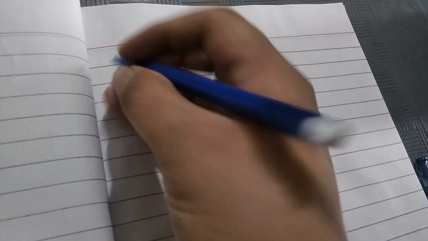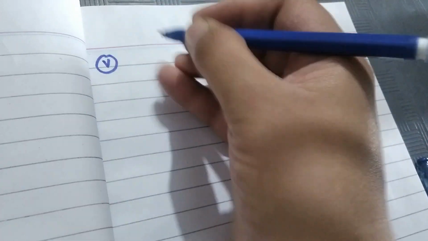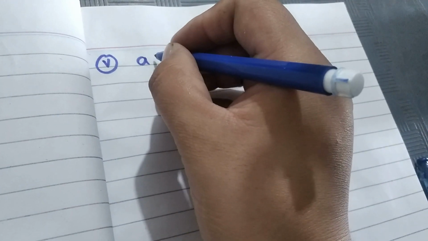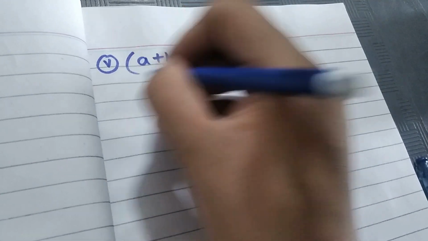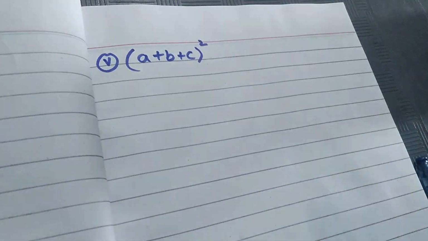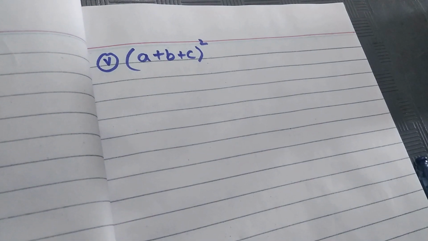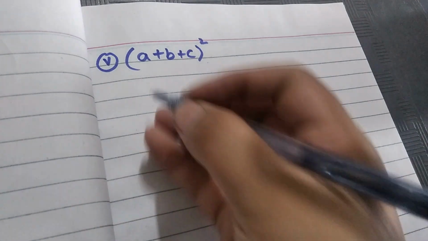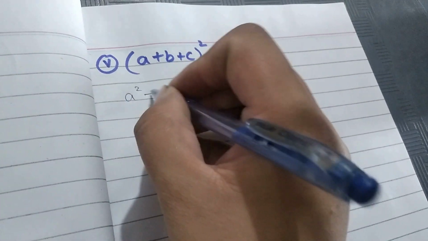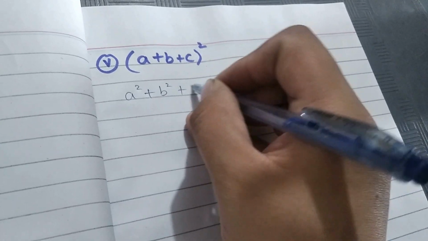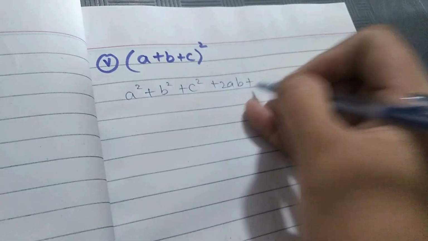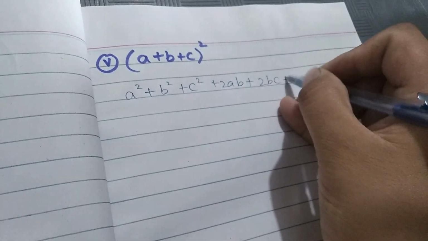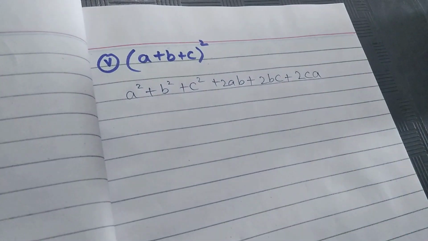Understand, the fifth formula is (a plus b plus c) whole square. We will solve this: a square plus b square plus c square plus 2ab plus 2bc plus 2ca.